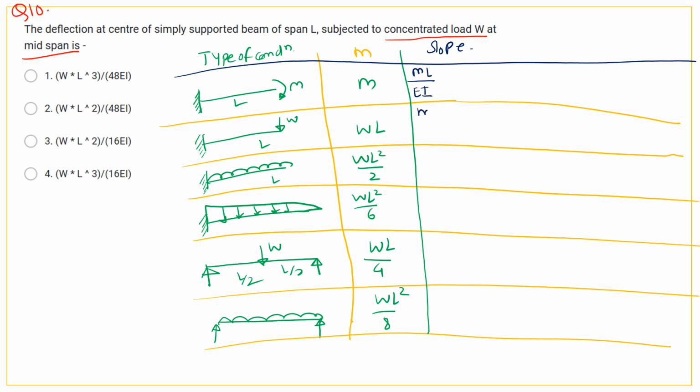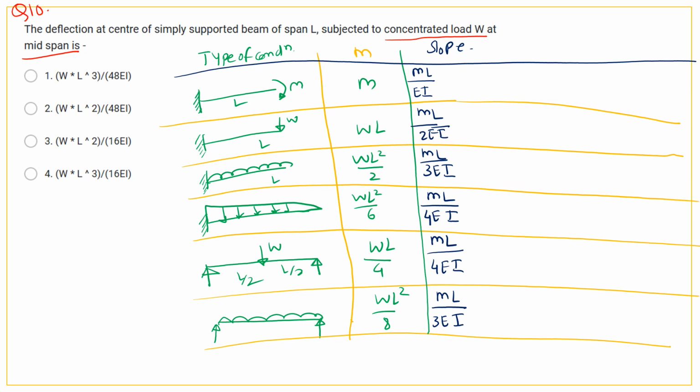Second is ML by 2EI. Third is ML by 3EI. Fourth is ML by 6EI. Then ML by 4EI. Then reverse the value, ML by 4EI and ML by 3EI. This is about the slope.